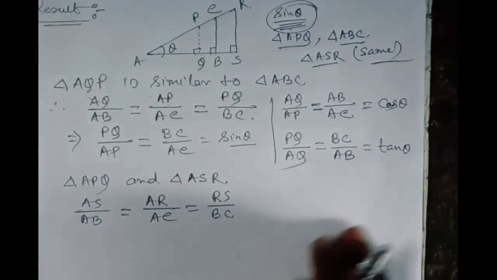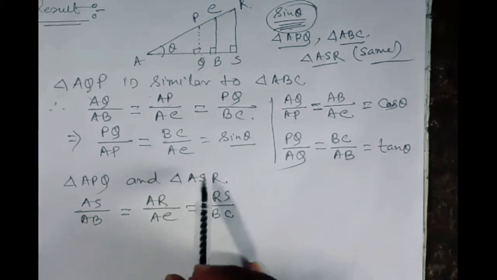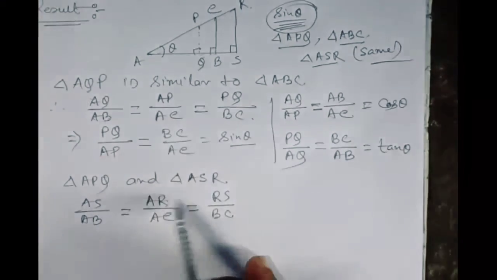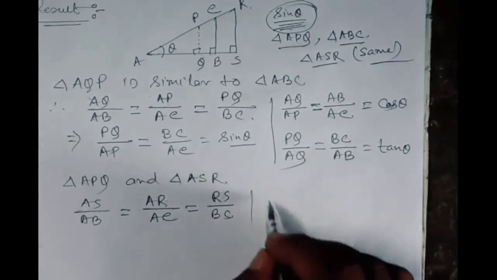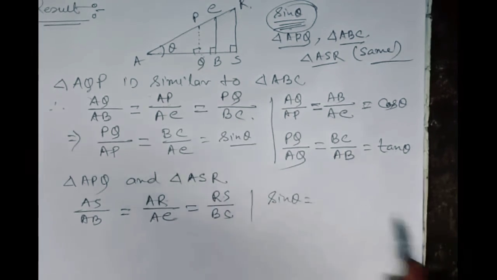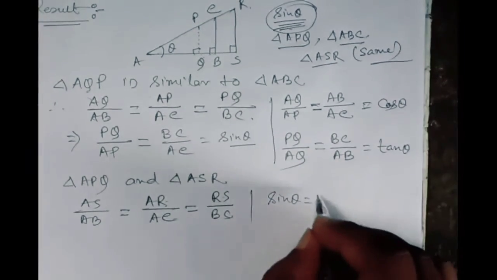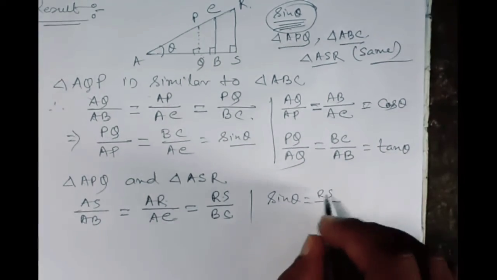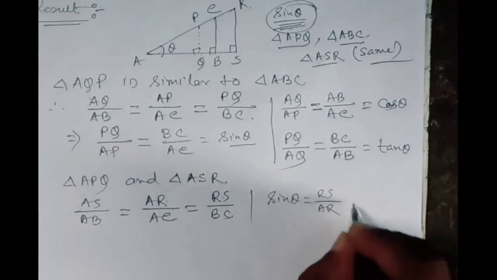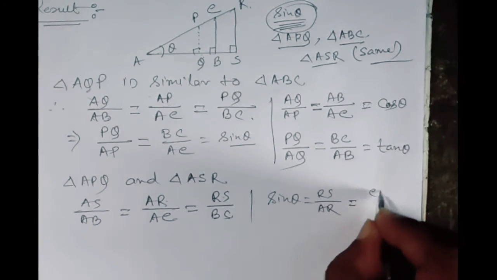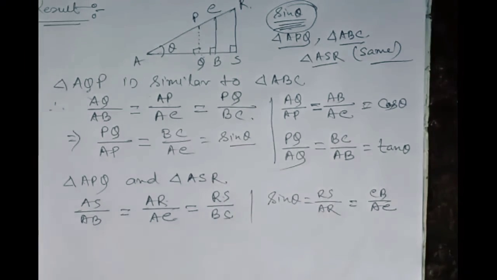And again by considering first these two, we are getting sin theta equal to RS by AR, equal to CB by AC, this is equal to sin theta.